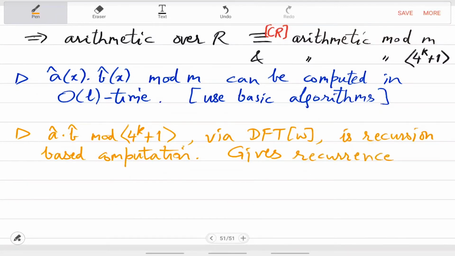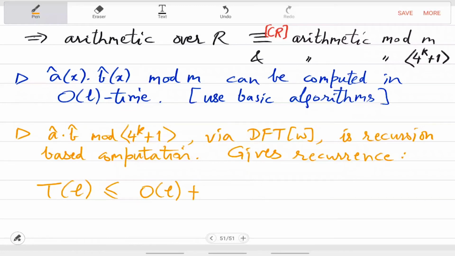So what is the recurrence? So overall, if the time complexity to multiply A and B is T of L, so T of L is at most, there is this overhead that we spent above, which is order L, plus you are computing.